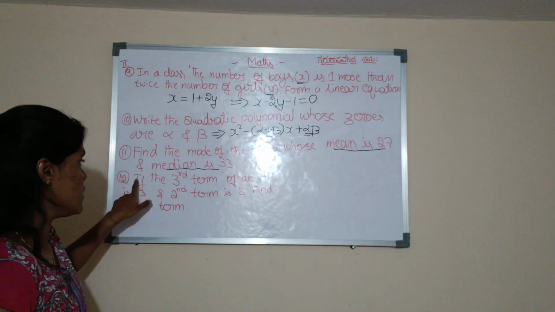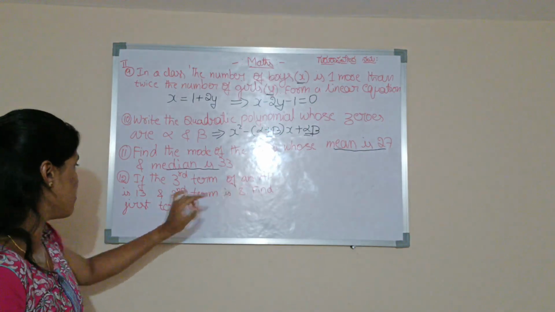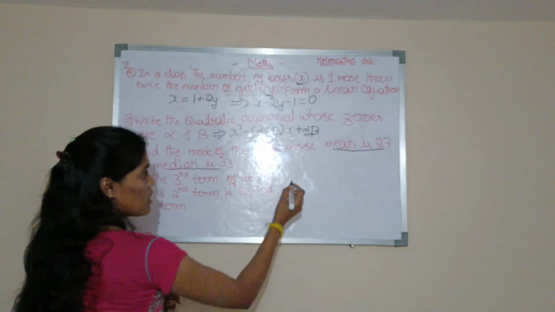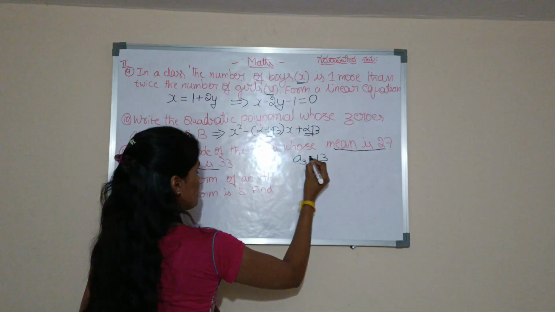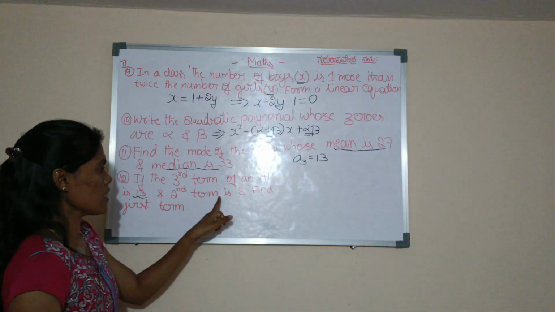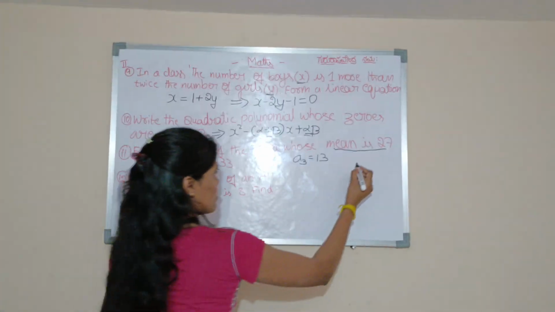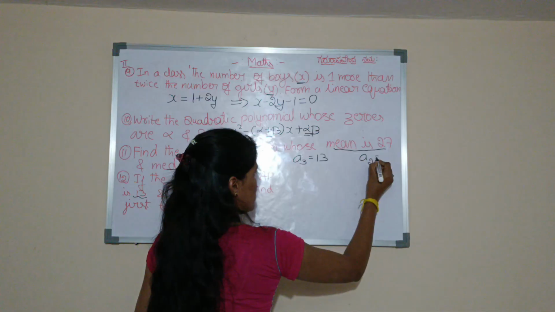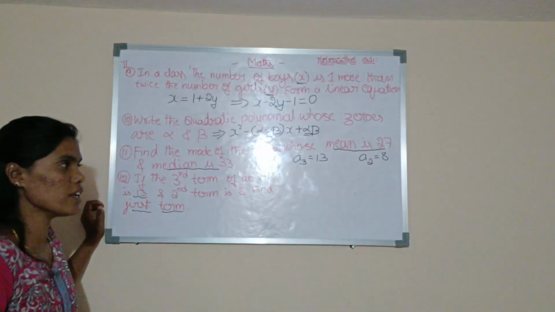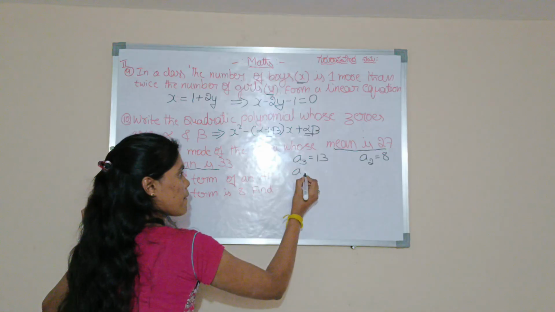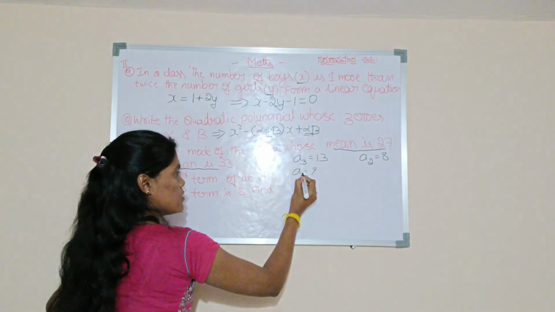Next question, 12th one. If the third term of the AP is 13, how will I present the third term? A3 is equal to 13. Second term is 8, A2 is equal to 8. Find the first term. We have to find out A, the first term A1.